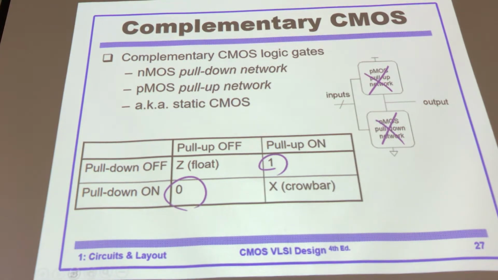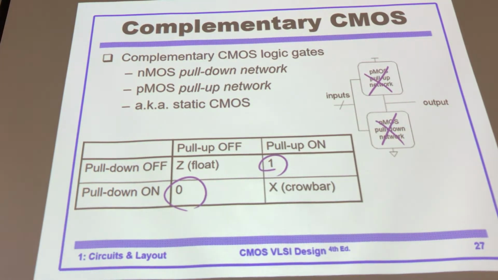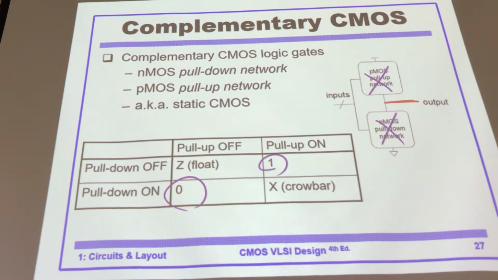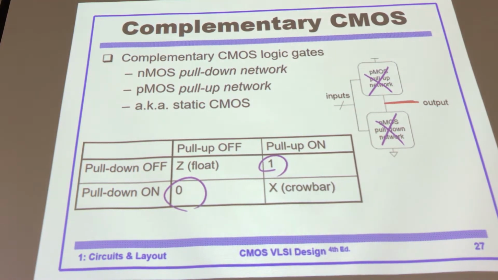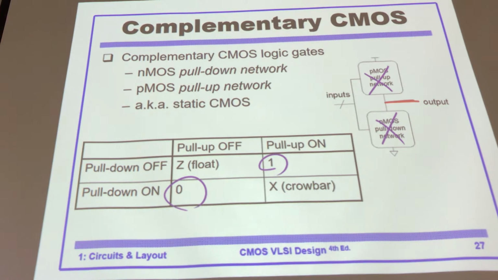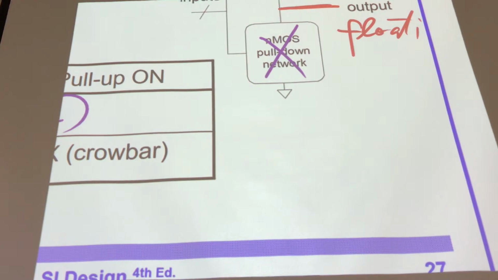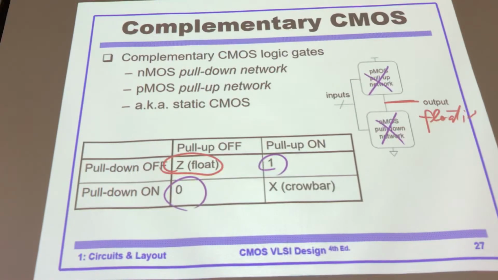When the pull-down network is off and the pull-up network is also off, what is the voltage at the output? Signal 1 or 0 or what? We call that Z, the floating state. Meaning there's no connection to any power supply or any voltage.